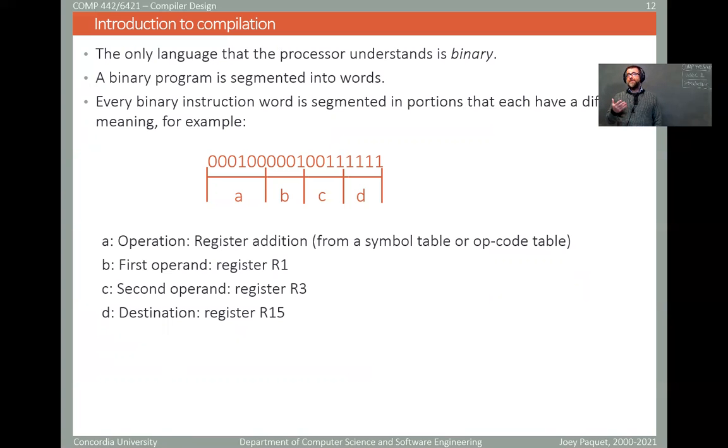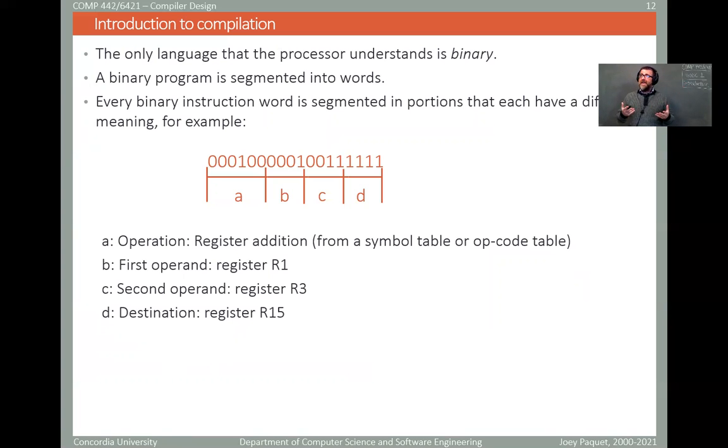People would write their programs in the binary language. Of course, you should understand that there's very quickly a limit to the size and complexity of a program that you can write in binary before, as a human, you just get lost in this sea of zeros and ones.